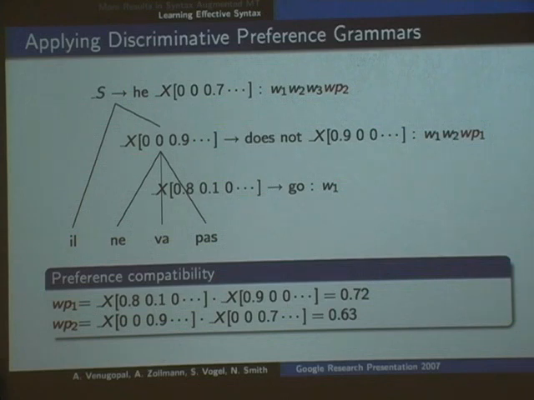So each non-terminal gets a preference of weights. When we calculate the probability of a derivation, we also introduce this preference compatibility. We ask how compatible the two preferences were. If one rule produced something of hidden type VP, and the other rule needed something of hidden type VP, then that's a good match. If it didn't, then that's probably not a good match, and maybe that's a bad derivation.